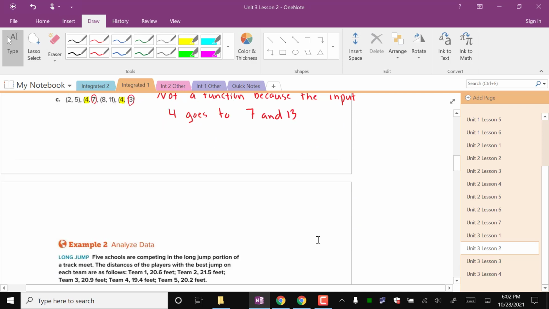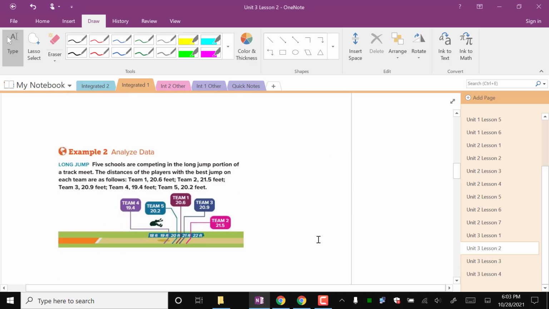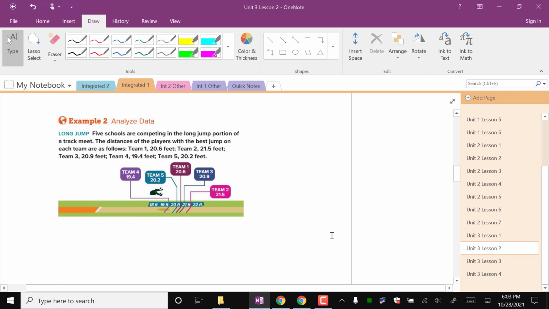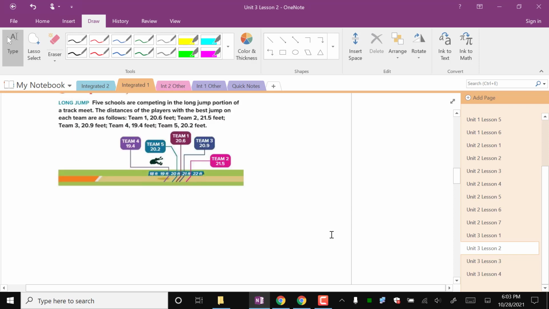Let's take a look at number 2. Five schools are competing in the long jump portion of a track meet. The distances of the players with the best jumps for each team are as follows. Team 1's best jump was 20.6, and so on. We want to start off with making a table.